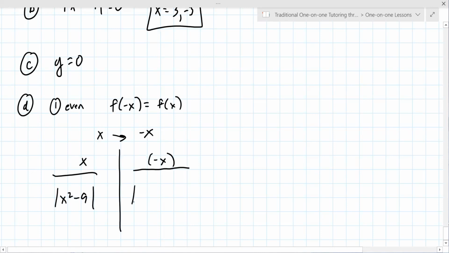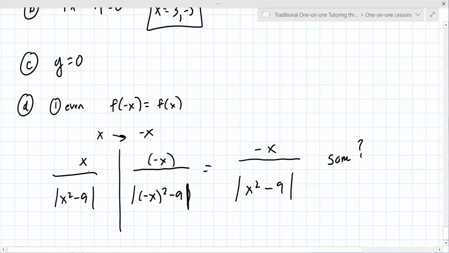So it's negative x squared minus 9, and then you simplify. The top is minus x, the bottom is x squared minus 9, and you ask yourself, is this the same as the original? The answer is no. It has to be exactly the same.